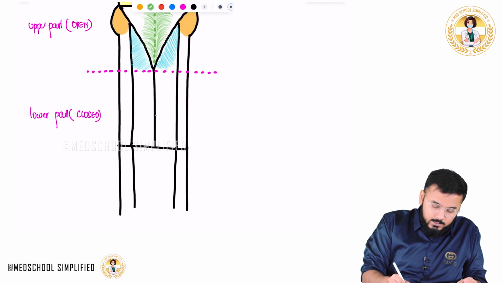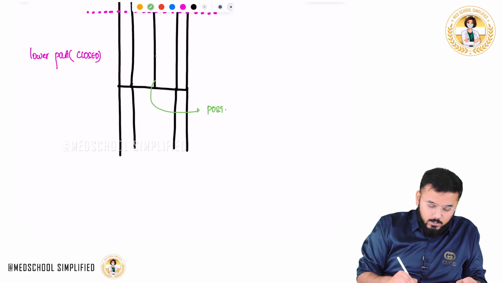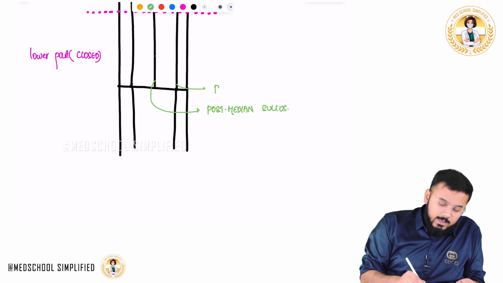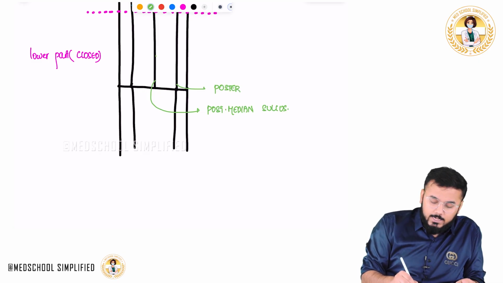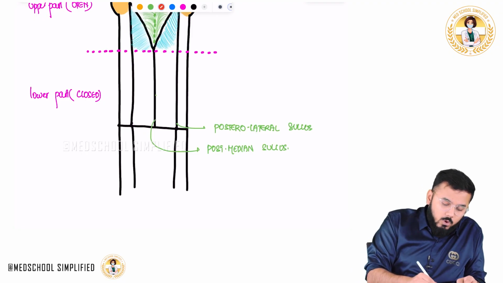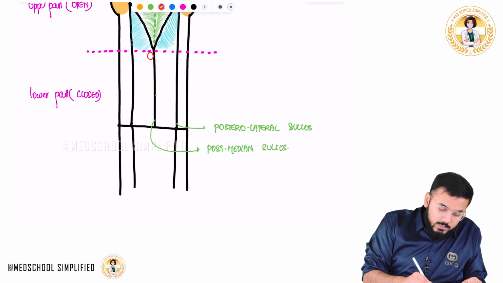Let me write it like this. This center part is called your posterior median sulcus, and this part is called the posterolateral sulcus.